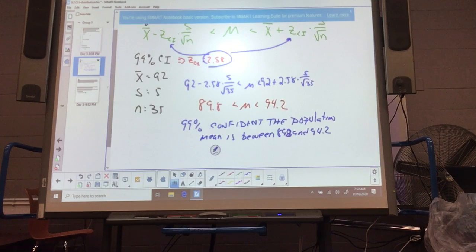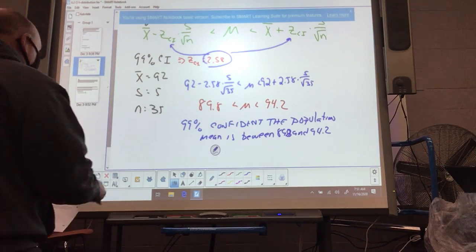You need to get the statement down at the end. That's part of the problem. And what we're saying, we're 99% confident, means we're pretty confident in that. Given the data we have, we're going to shoot anywhere between those two scores.